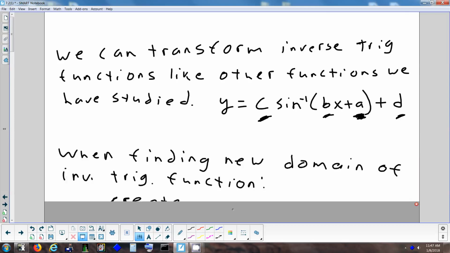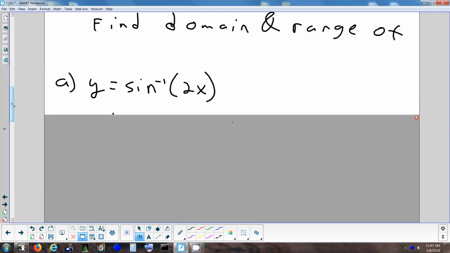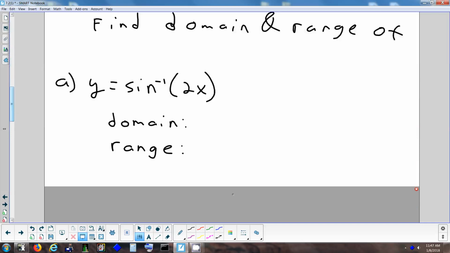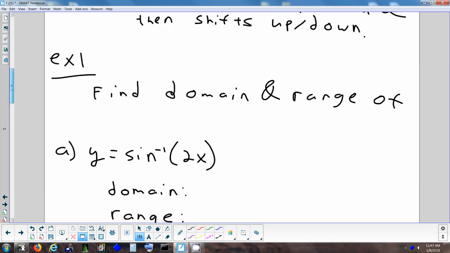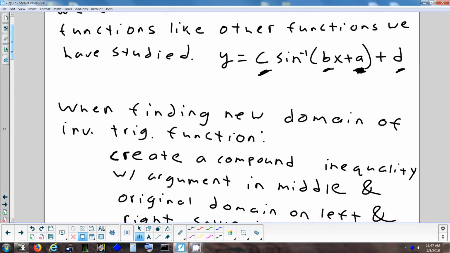So what I'm going to do is I'm going to give you a problem. I'll just scroll down so you can see one. Like that. And I'm going to ask you, what is the new domain? What is the new range? Okay, start with the domain. To find the new domain, first thing is you need to know the original domain.